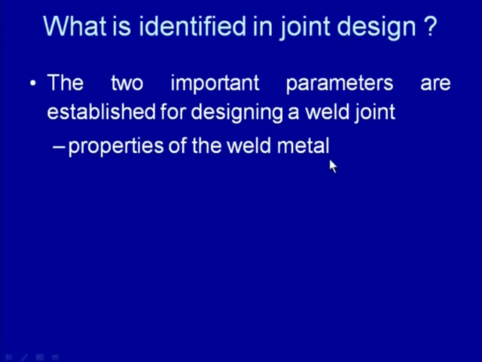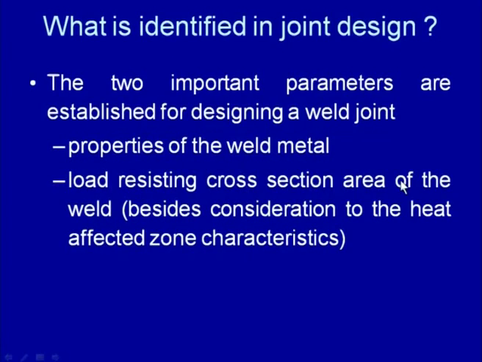One is the properties of the weld metal. The properties of the weld metal are established in such a way that it can sustain the service load successfully, and the load resisting cross sectional area is also identified, so that it can take up the desired service load.